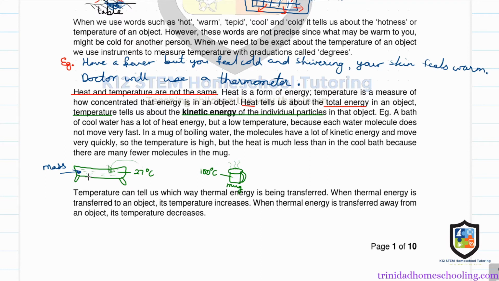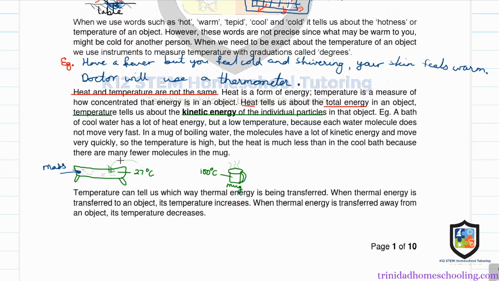But if I were to take this tub of water and somehow throw it into this cup, the contents of the mug will become cooler. So the cool water has a lot more heat energy and a lower temperature than the mug of boiling water, okay, because of its mass. So the mass or the amount of the substance is very important too when determining heat and thermal energy.